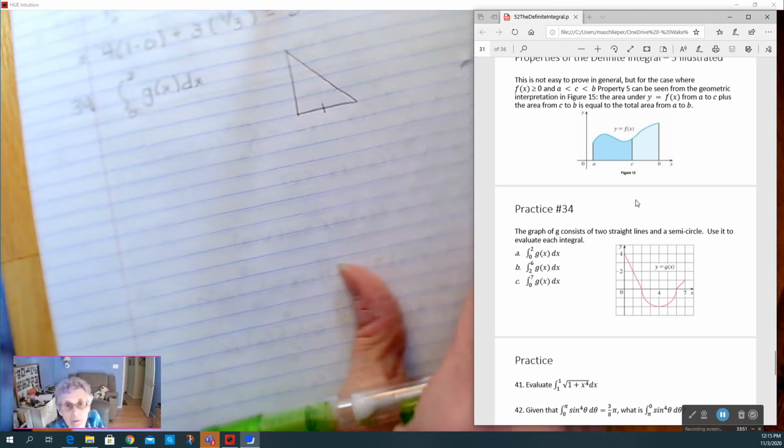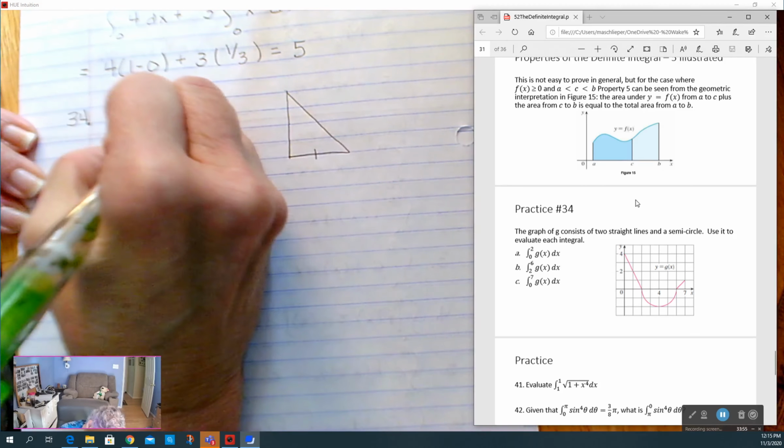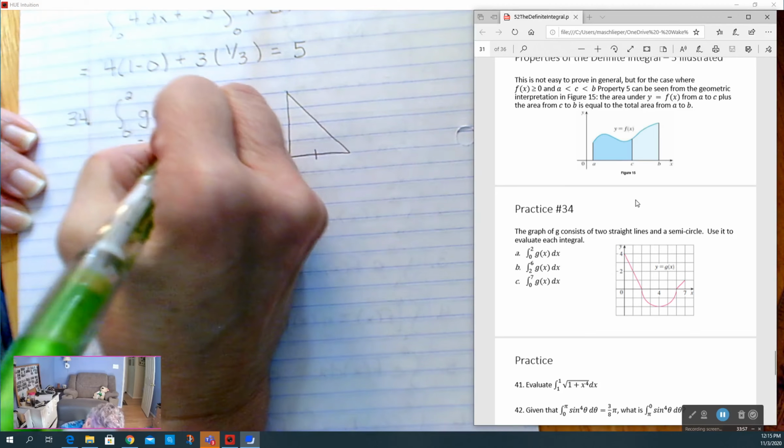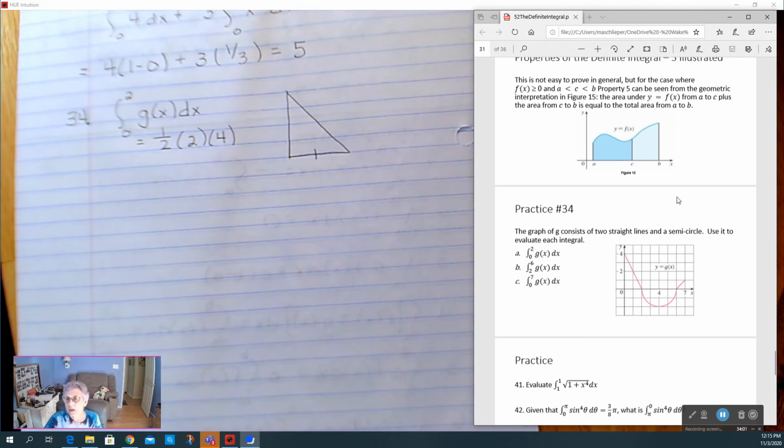Yeah, not bad. Okay, so there's my triangle. So this one is equal to 1/2 of the base times the height, because here is where we go from 0 to 2.